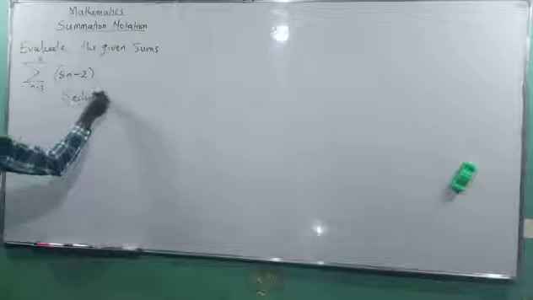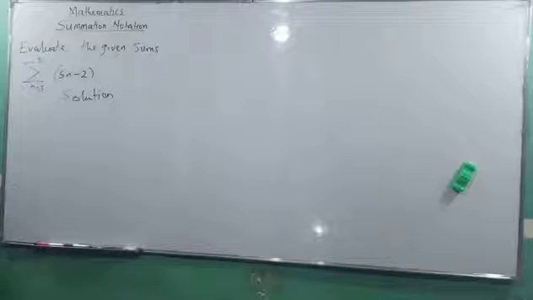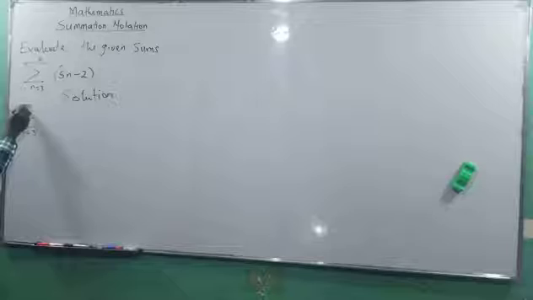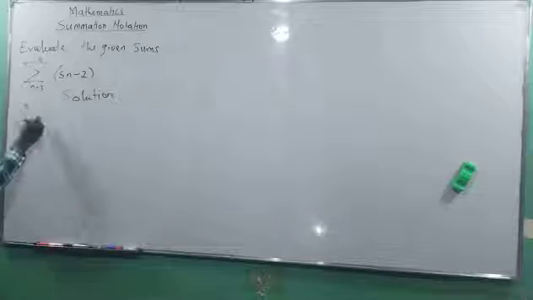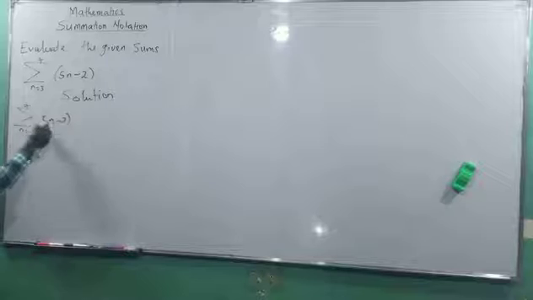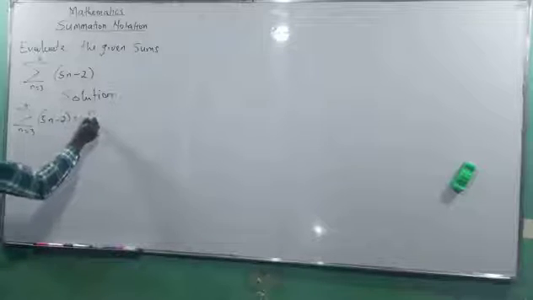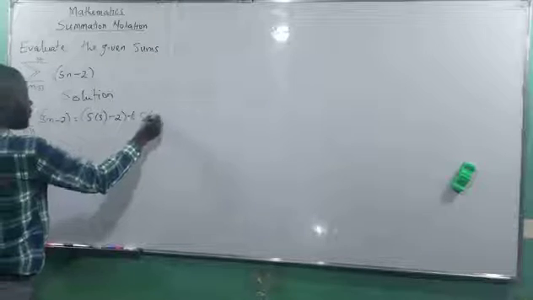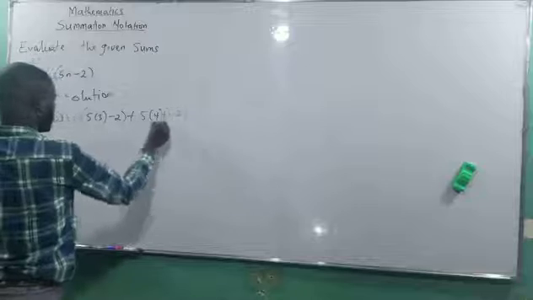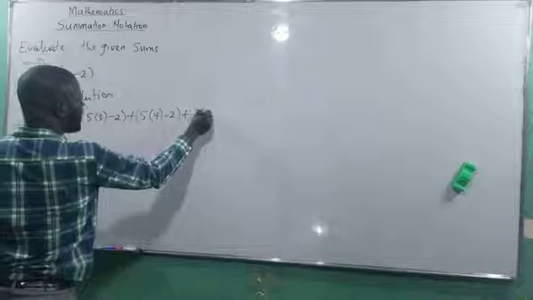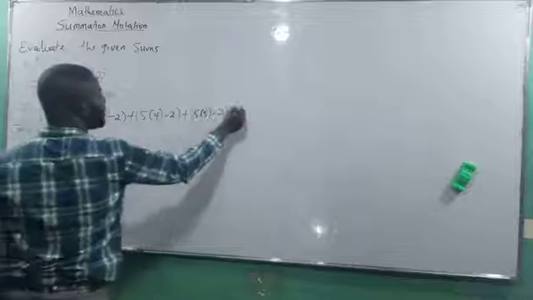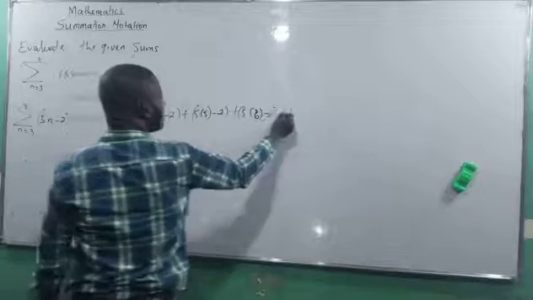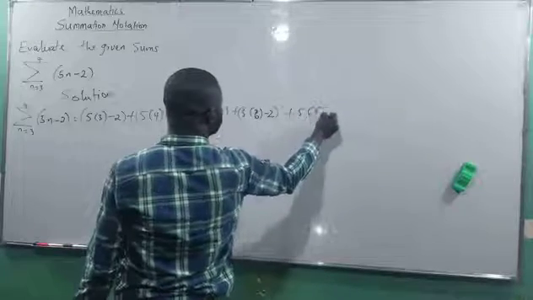Solution to this problem. What I need to do is understand my summa of n from 3 to 7 of 5n minus 2. It will be equal to 5 times 3 minus 2, plus 5 times 4 minus 2, plus 5 times 5 minus 2, plus 5 times 6 minus 2, plus 5 times 7 minus 2.